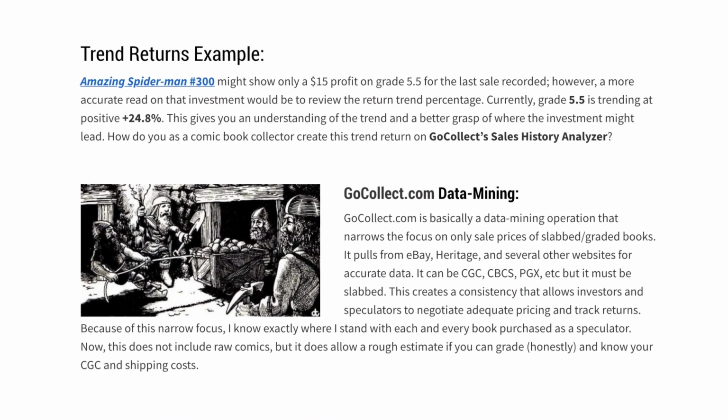But as Norman points out, GoCollect prefers to use percentages versus absolute numbers. But as I mentioned, some simple math can actually get there if you want to see both the percent and the absolute increase or decrease for a particular comic.